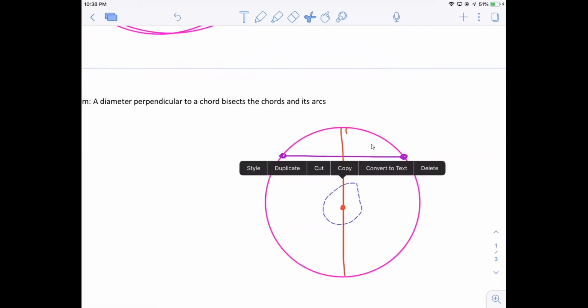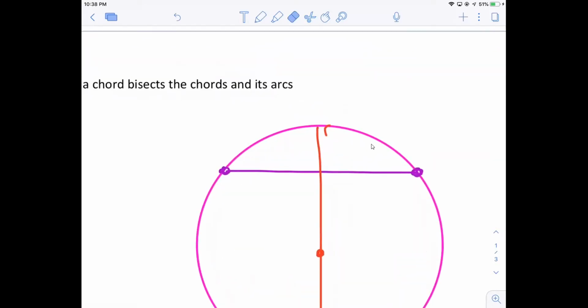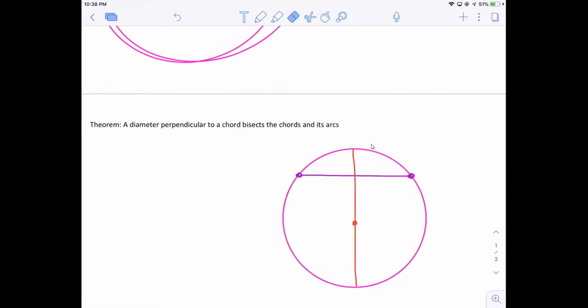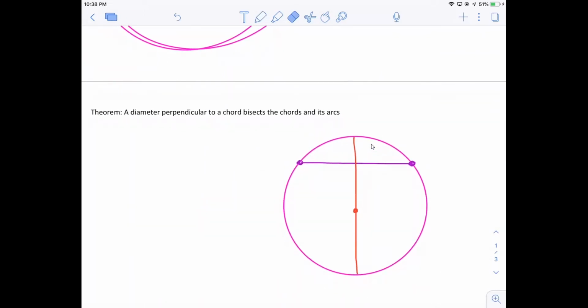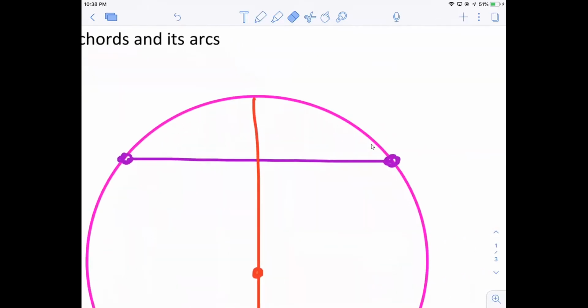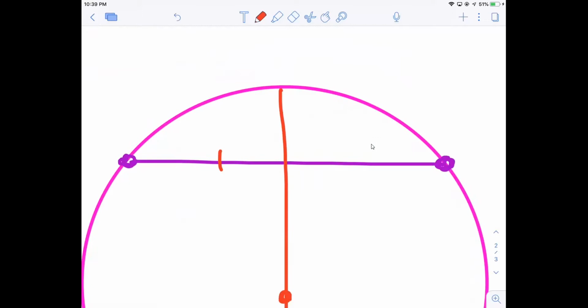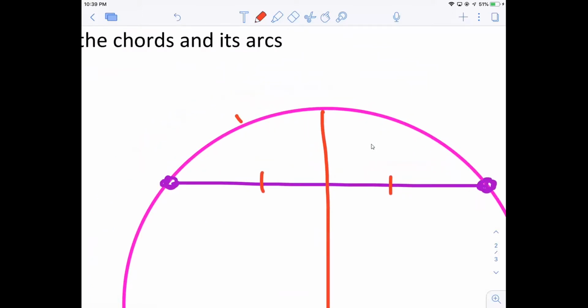And that looks like the center to me. Well, then the chord will be bisected, and its arcs are going to be bisected.